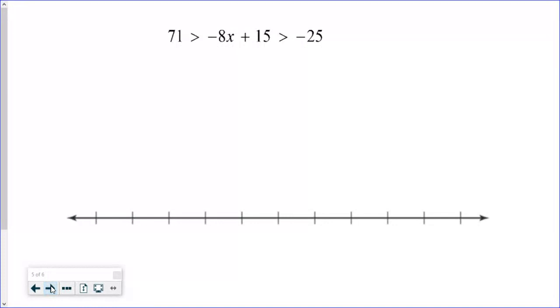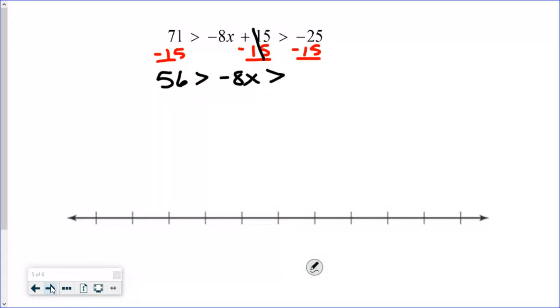Okay, one more. Here we go. So this is something you're going to do 3 times. So -15, 3 times. Okay? So 71 minus 15 is 56. And the rest, I'm going to copy in the middle, what's left.